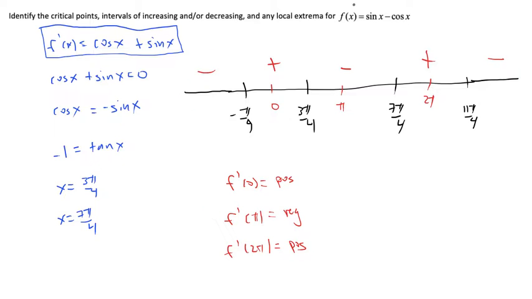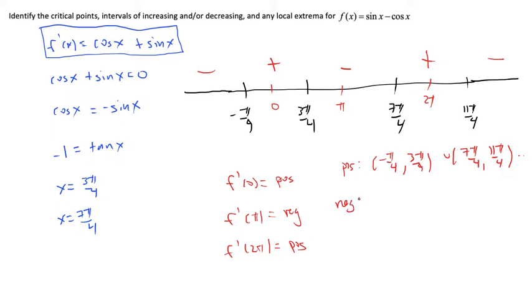Once again, this is a trig function, so it's going to exhibit some wave feature. So where is this function going to be positive? Negative pi over 4 to 3 pi over 4, and then 7 pi over 4 to 11 pi over 4, and every multiple of that.